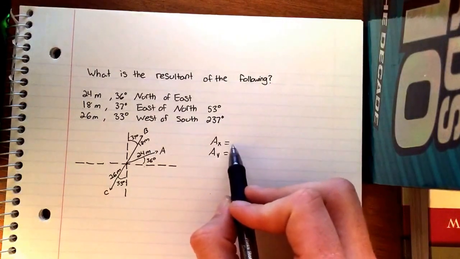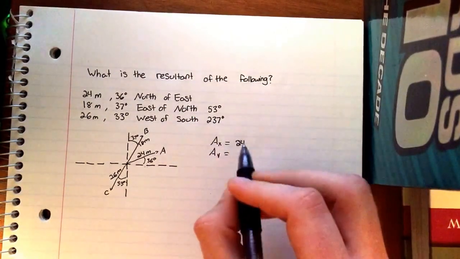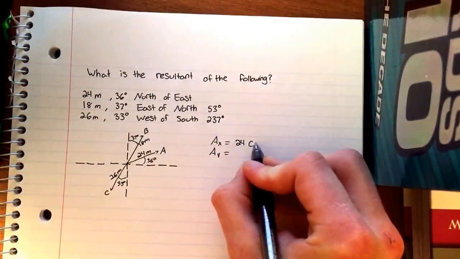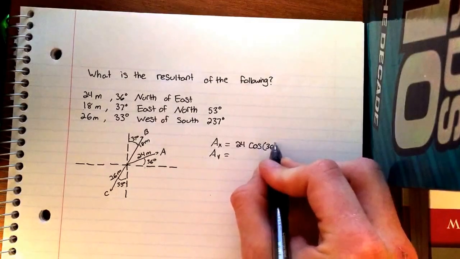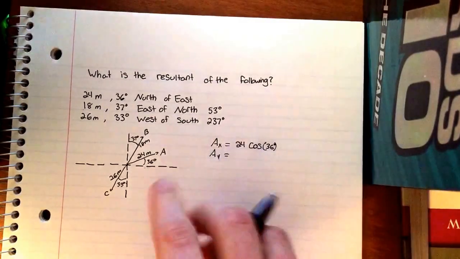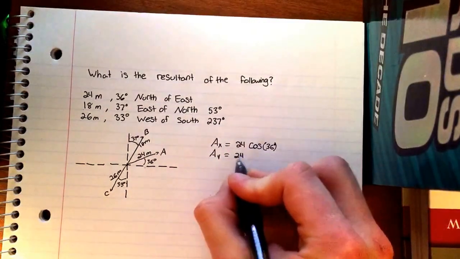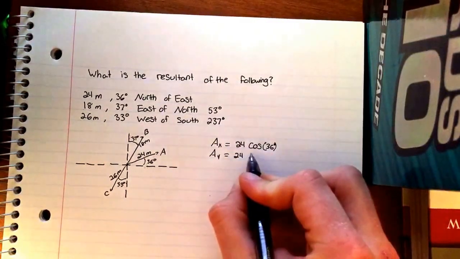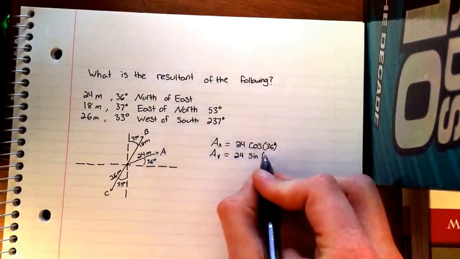And when you're doing this, you're going to start off by writing the magnitude, so 24 times cosine of the angle, 36. And now for the AY, start off with the magnitude again, 24, but for all y's, you're going to want to use sine. Again, the angle, 36.